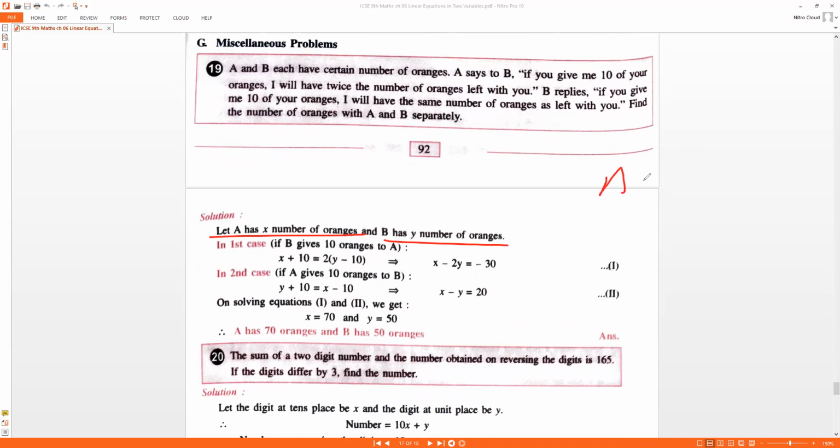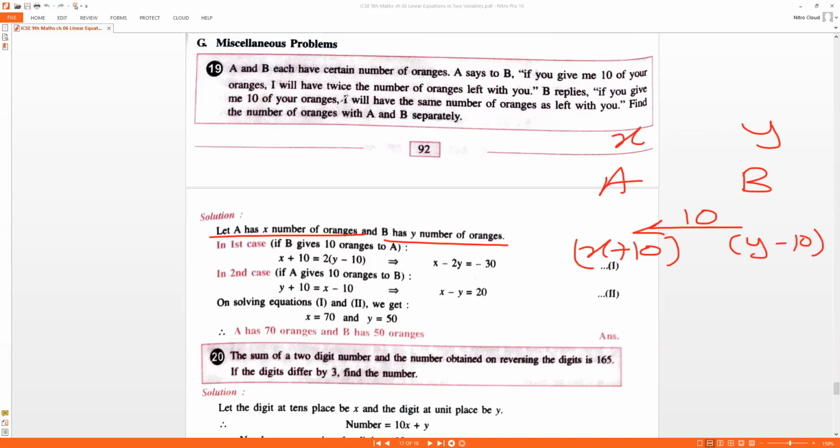So basically B gives 10 oranges to A. Now A will have X plus 10 oranges and B will have Y minus 10 oranges. Do you agree?